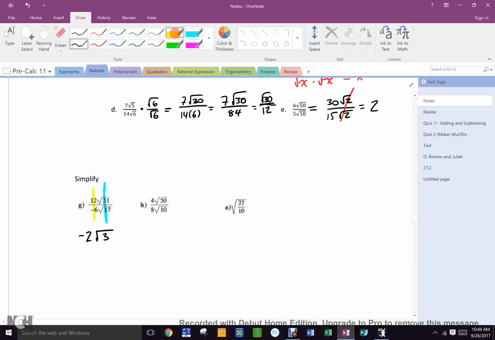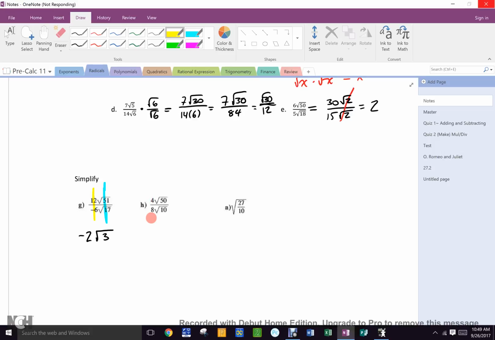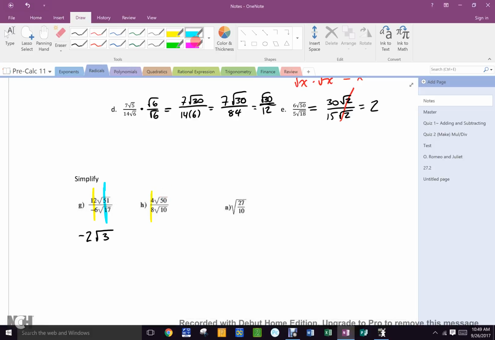You can divide 4 and 8 and 50 and 10. So what's the answer? This is trickier. Go carefully. Think. That's 1/2.